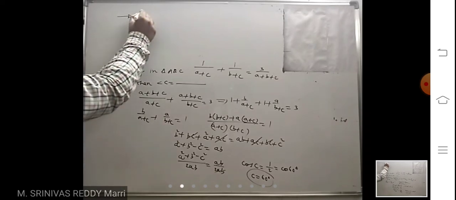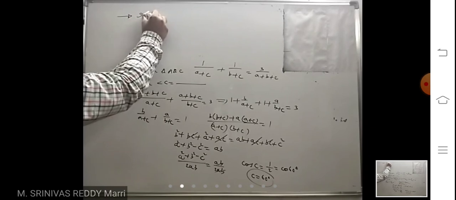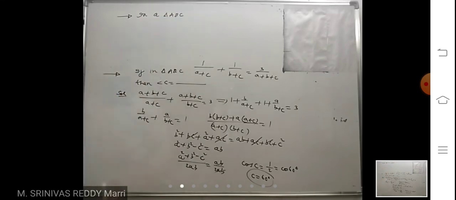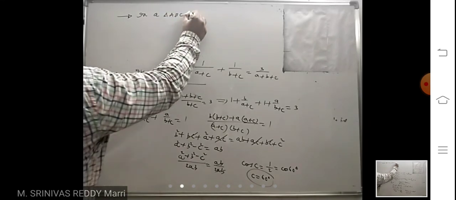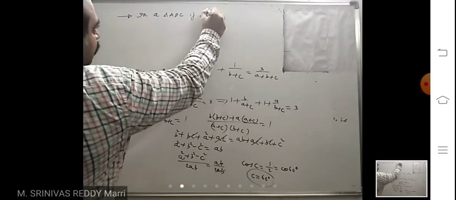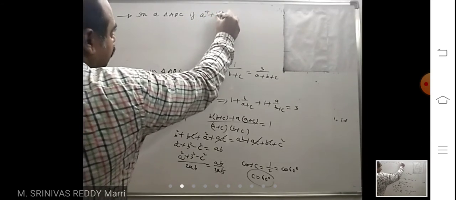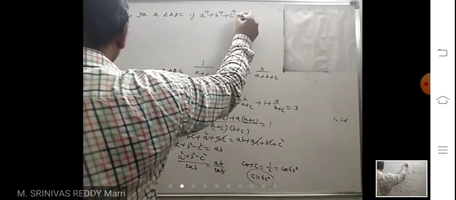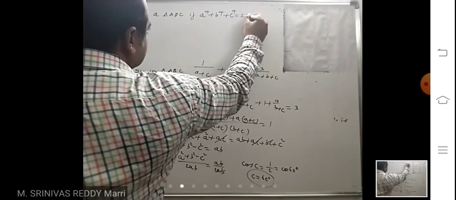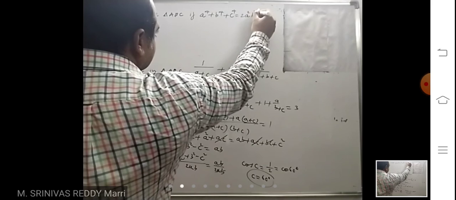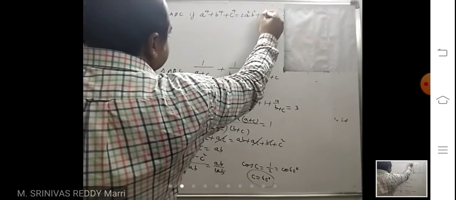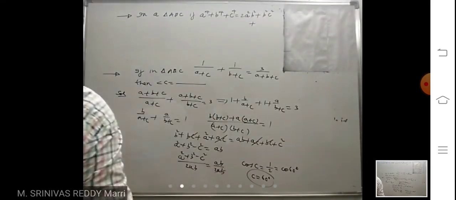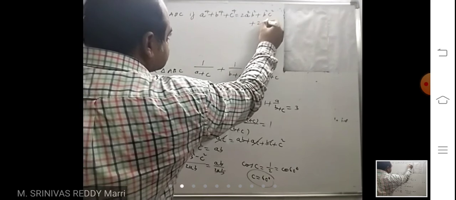Look at this model, it is very important. In a triangle ABC, if a power 4 plus b power 4 plus c power 4 equals 2a square b square plus b square c square plus 2c square a square.